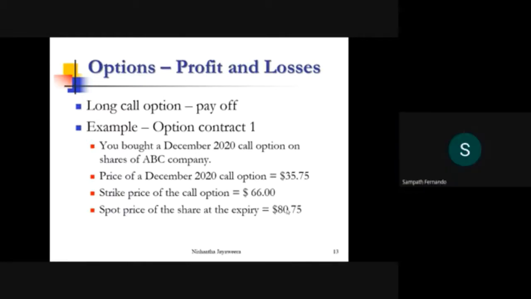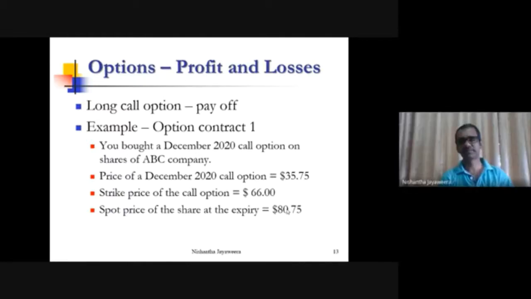We exercise. You exercise your right. Then you get a gain, or you get a cash flow of the difference, $14.75.